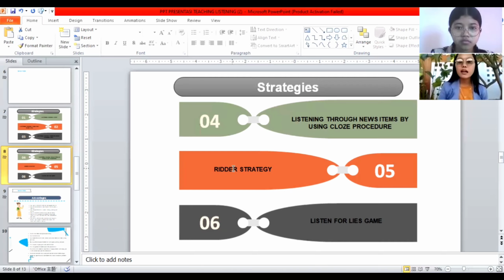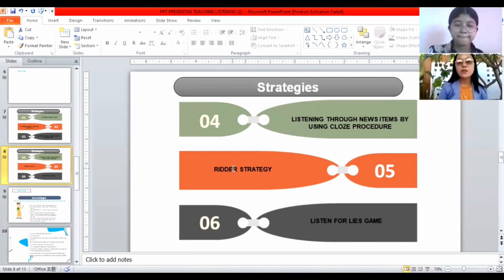Third, the teacher directs students to discuss the answers to the gap text together. Fourth, students are asked to work with their groups and summarize the text information that has been discussed. Fifth, each group's representative is asked to report the summary result.